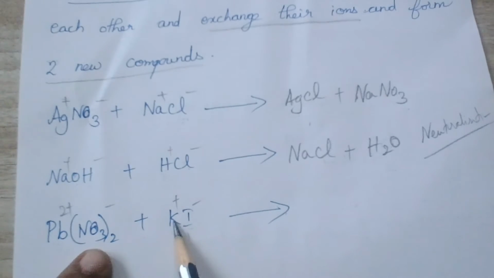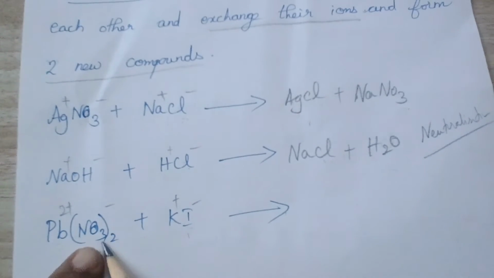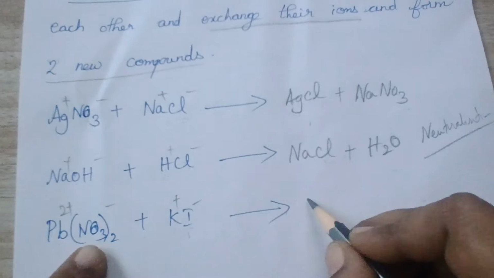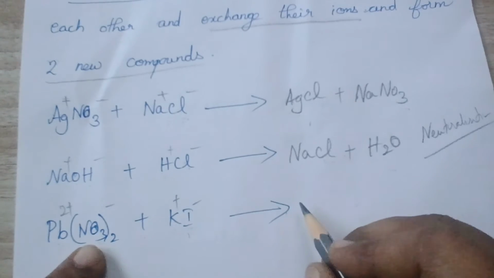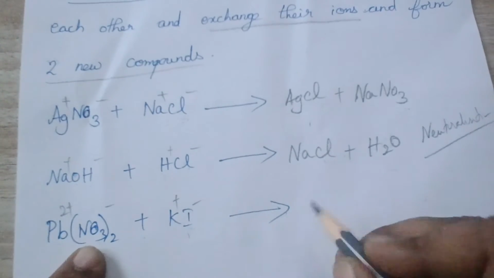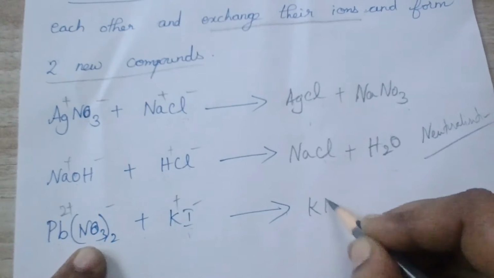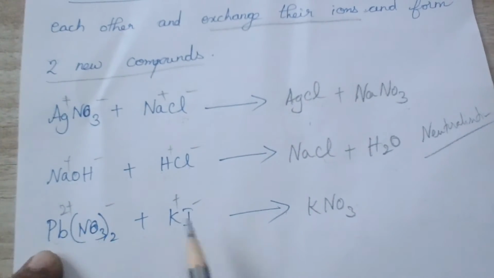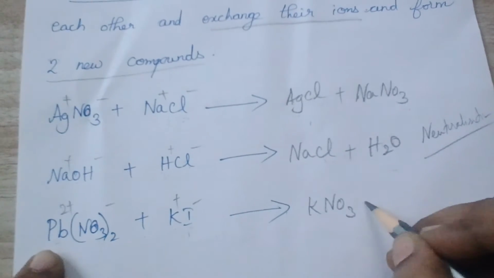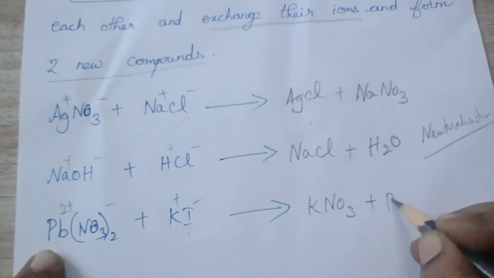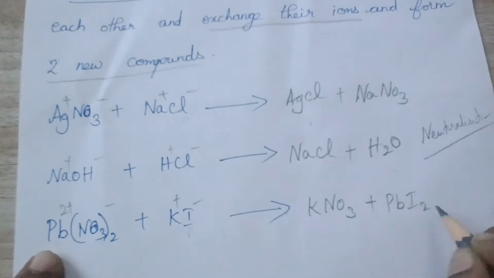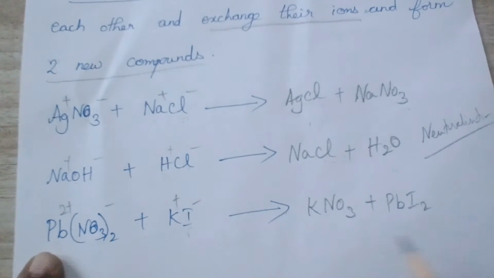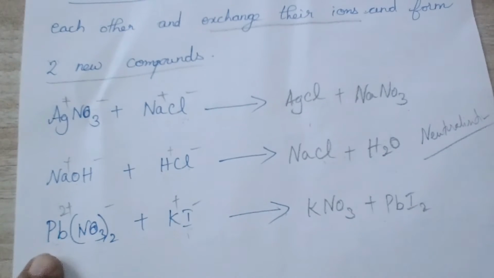Potassium will combine with this nitrate, so KNO3, and this lead reacts with the iodide, means PbI2 based on the valency. If you cross this, PbI2. Potassium nitrate plus lead iodide will be formed.